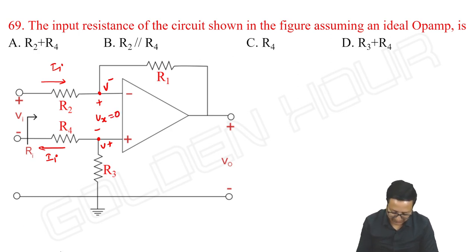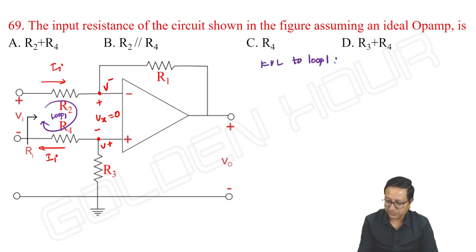Now let me take this loop as loop 1. Then KVL to loop 1. What we get: minus Vi plus Ii into R2 plus Vx plus Ii into R4 is equal to 0.